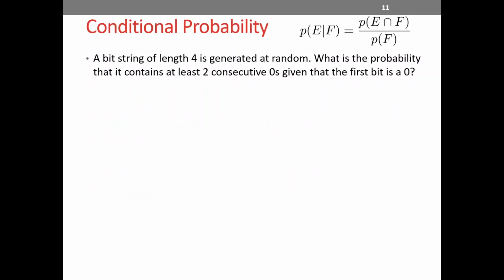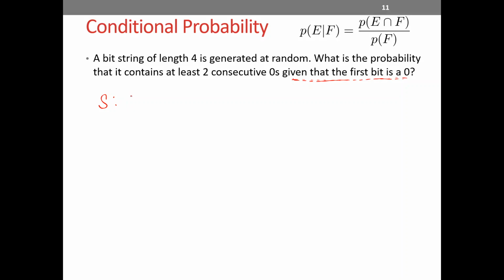Let's look at this example to better understand. A bit string of length 4 is generated at random. What is the probability that it contains at least 2 consecutive zeros, given that the first bit is a 0? So we have some information already. Let me have the original sample space, which is the set of bit strings of length 4.